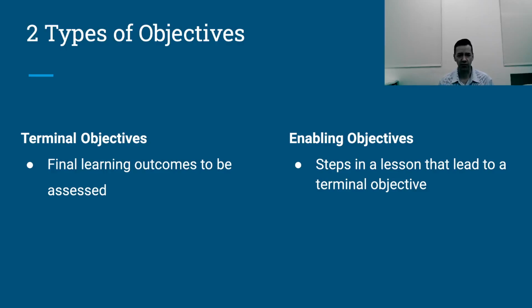So for example, if your terminal objective is something like students will be able to orally answer yes/no questions that start with be verbs, like are you happy, is he hot, things like that, the enabling objectives will be all of those steps you take before you get to the final outcome. So what will you do in class that allows them to learn and be able to produce that form?